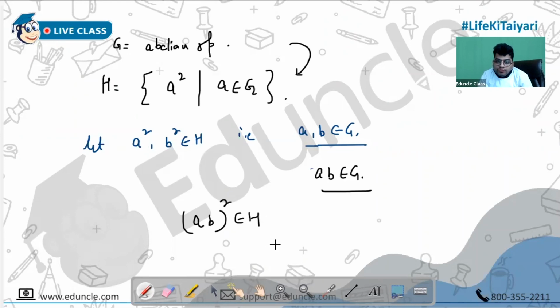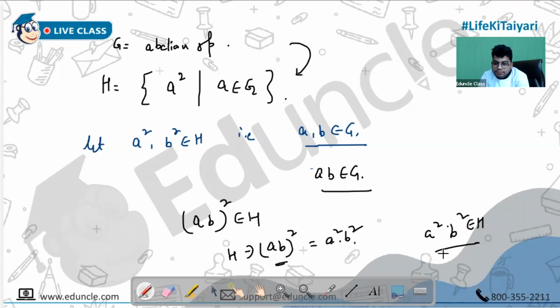And you want to prove a b whole square belongs to H, and that is equal to a square b square. So can you say this element belongs to H? So a square b square also belongs to H. It means closed with respect to multiplication. Yes or no?